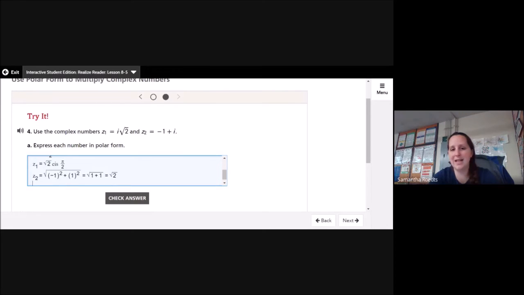Okay, and then, in order to get negative 1 as my cosine, I have tangent theta of 1 over negative 1, which equals negative 1. So my cosine is negative 1, but my sine is 1. So this is going to be 3 pi over 4.